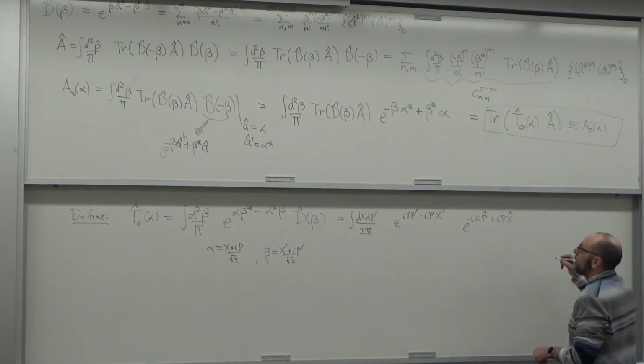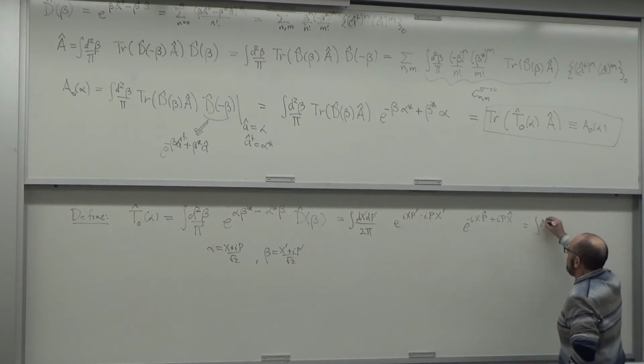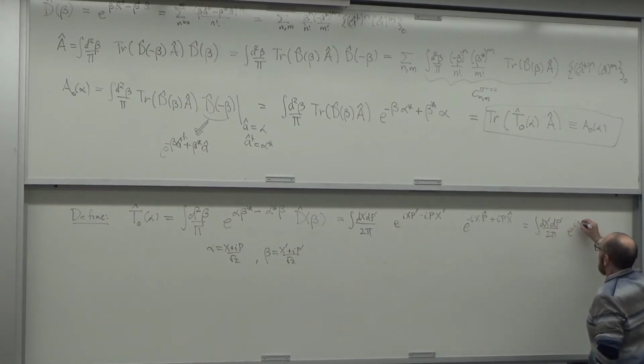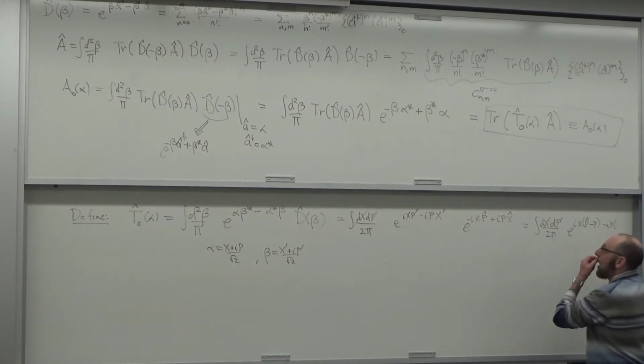So this is equal to the integral dx prime dp prime over 2 pi e to the i x, p hat minus p, plus i, minus i p. First exponential should be minus of that, right?